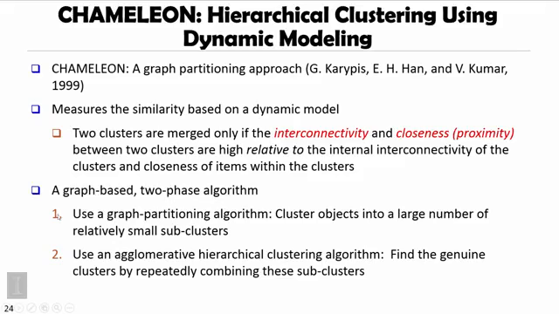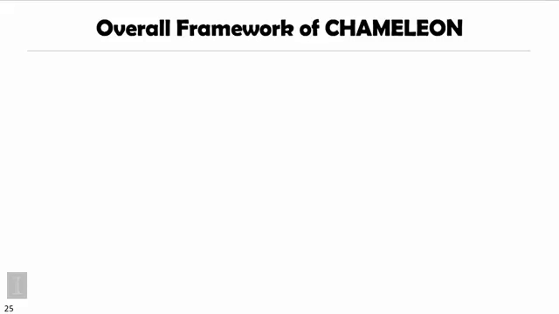In the first phase, it uses a graph partitioning algorithm. Essentially, it clusters objects into a large number of relatively small subclusters, also called graphlets. Then in the second phase, it uses an agglomerative hierarchical clustering algorithm to find the genuine clusters by repeatedly combining these subclusters, these graphlets.